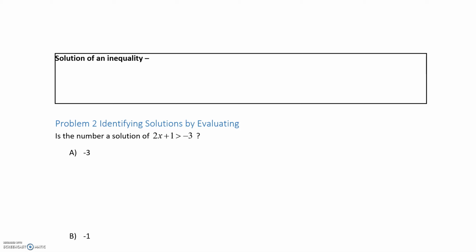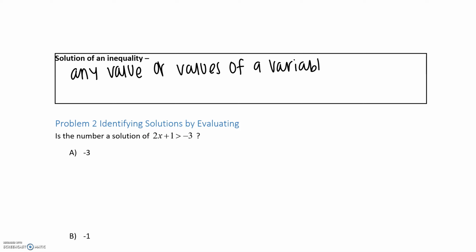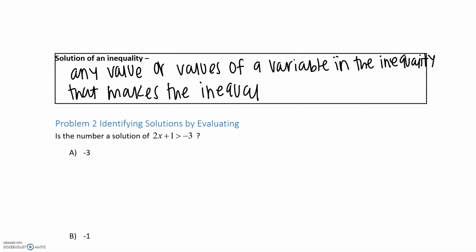So the solution of an inequality is any value or values of a variable in the inequality that makes the inequality true.